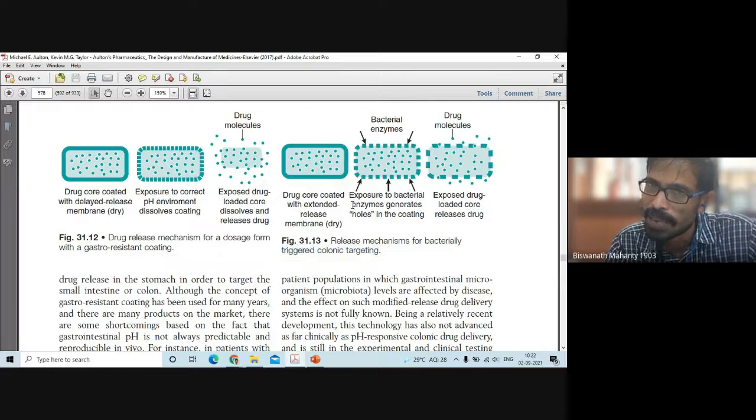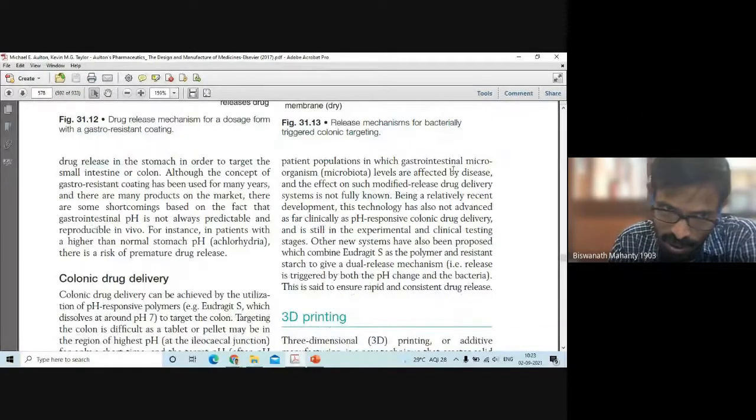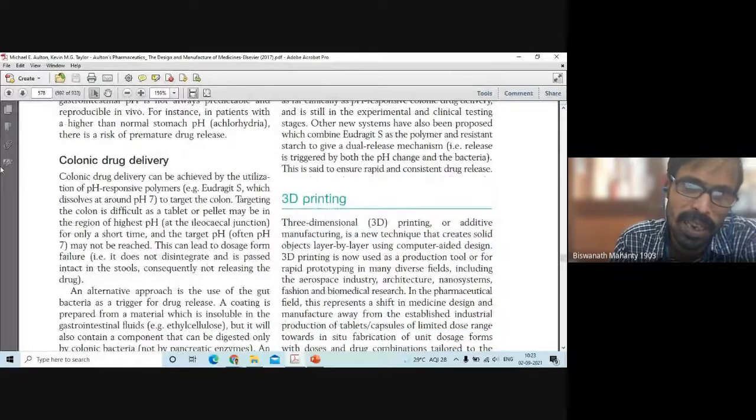So the enzymes are generating holes in the coating. Until now the drug was stable, nobody could break it down, but finally the drug molecules are coming and getting released. So this is a gastric emptying strategy or gastrointestinal delivery that can be done, or in colonic drug delivery the same thing can happen.